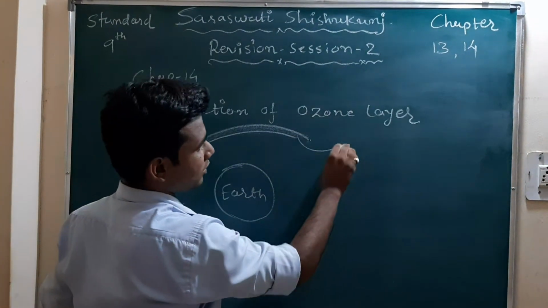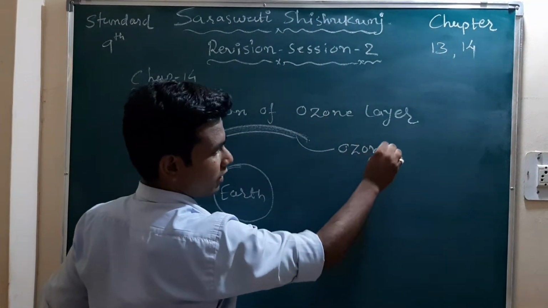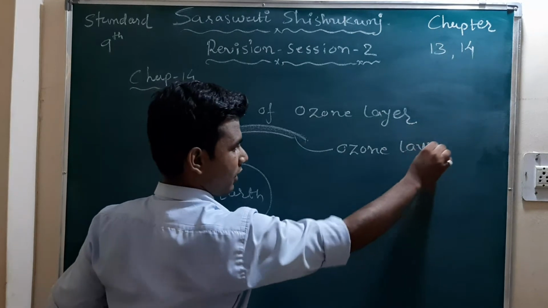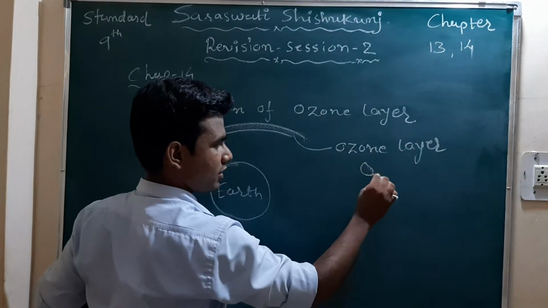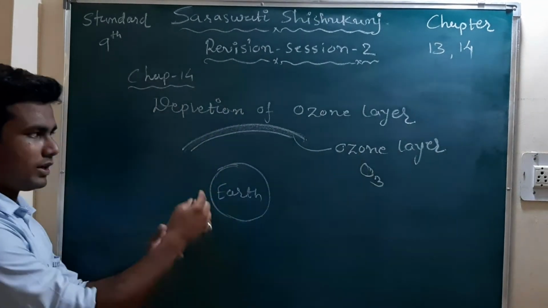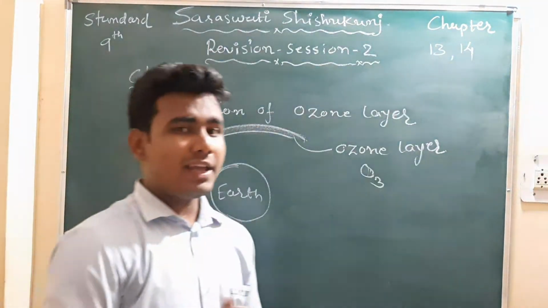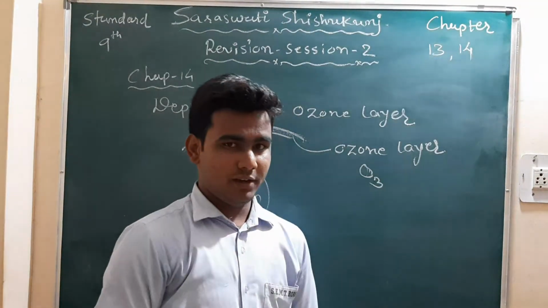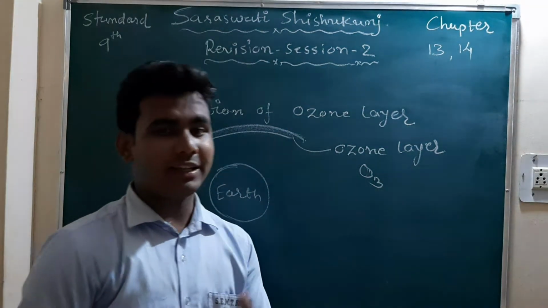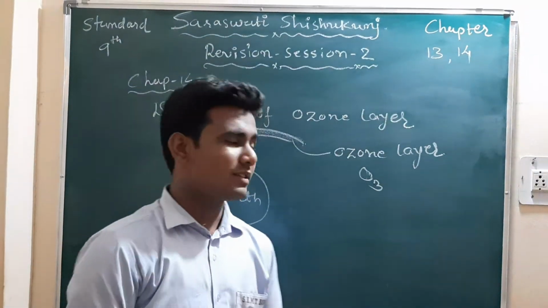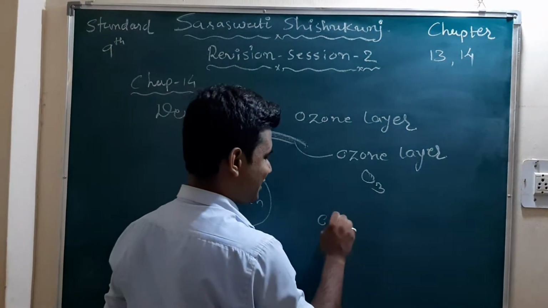Now this ozone layer is noted as O3. By using our air conditioners, refrigerators and other appliances, we are adding pollutants like CFC.